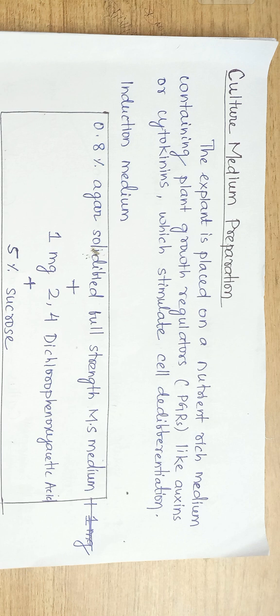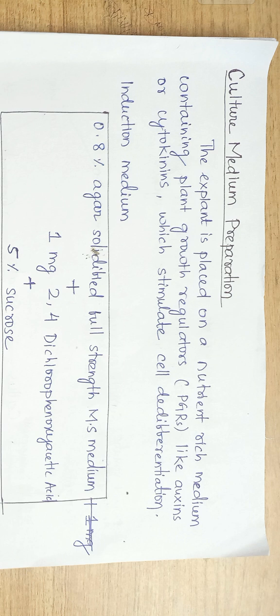As we know, when we culture an explant, what is an explant? If we cut some part of a plant, be it a leaf, a stem, or a root, a small sample part, and from that small totipotent part we develop a whole new plant, that is called an explant.